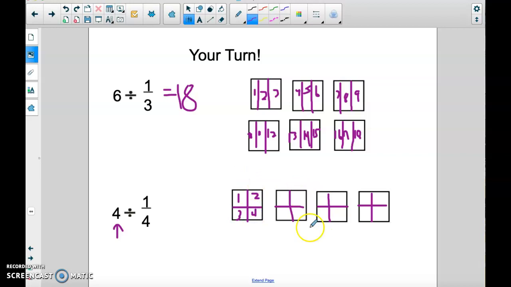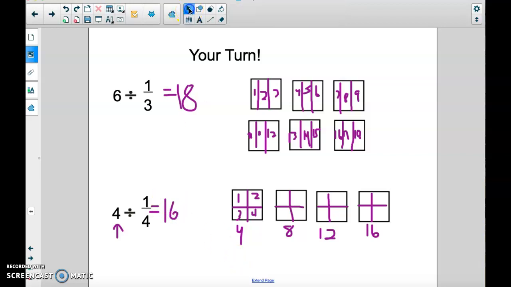And if I know there's 4 in one whole, I could just go 4, 8, 12, 16. Right? If I need to count them all out, still I can, but I can use a little skip counting to help me out. And I end up with 16. So that is it. Okay?